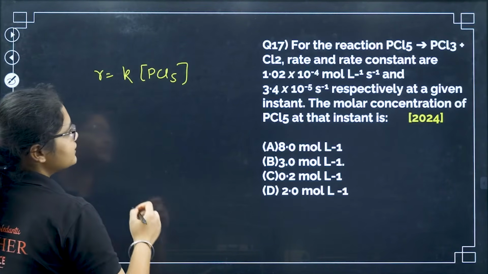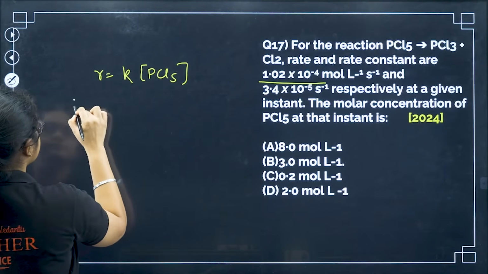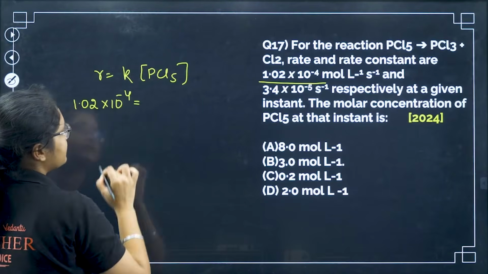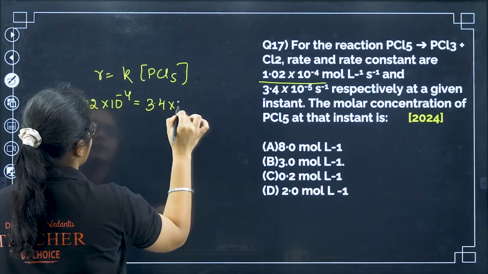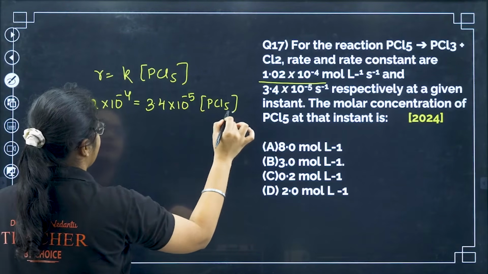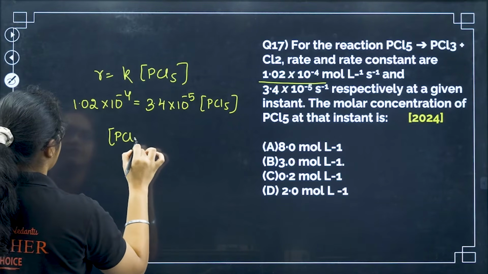Now the rate is 1.02 into 10 to the power of minus 4, and the rate constant is 3.4 into 10 to the power of minus 5. What is the concentration of PCl5 here?